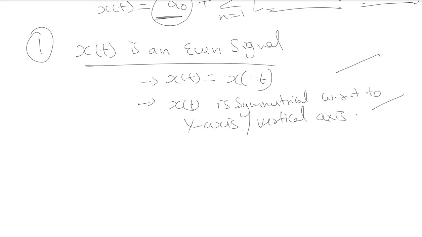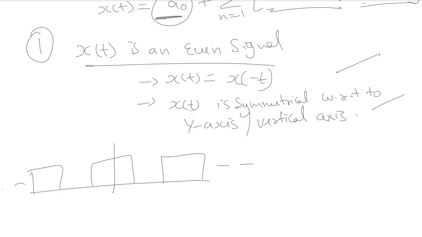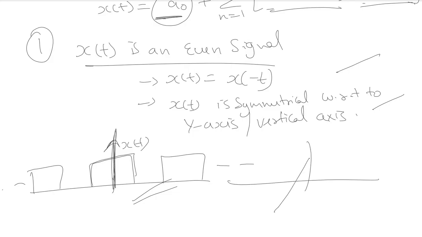We can have a look at some examples. If this is the signal waveform, it's a periodic signal, and it's an even function, clearly xt is symmetrical around the vertical axis. Similarly, we can have a look at some triangular waveform. This is also an even function.